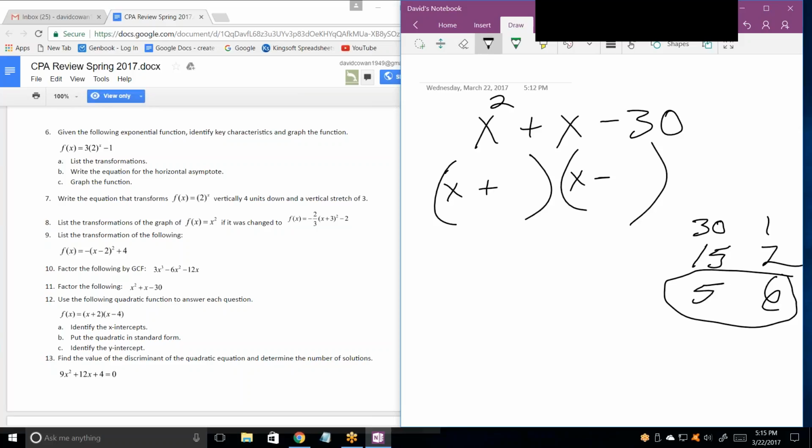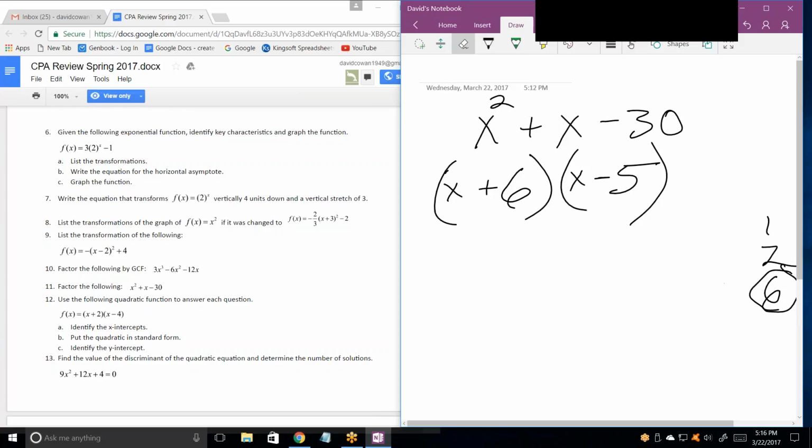So 5 versus 6. No, the larger factor, which is 6, goes with the sign of the middle term. Sign of the middle term is plus. The 6 goes there. 5 goes there. That's how we factor, elementary factoring.